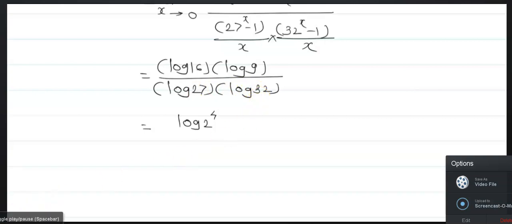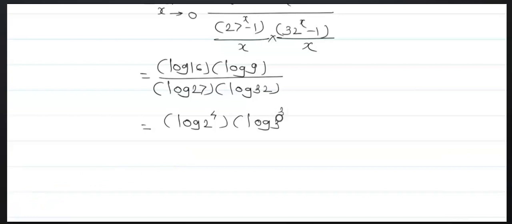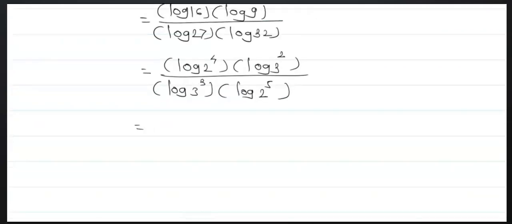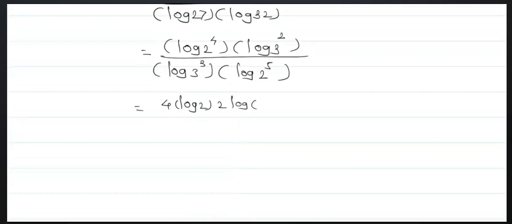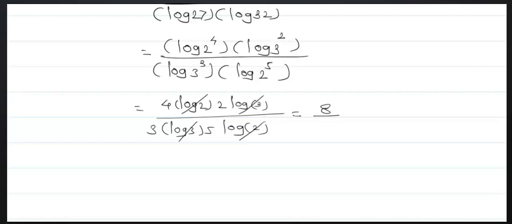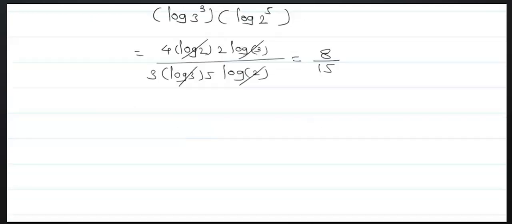And if we evaluate this, then you will get 4 log of 2, 2 log of 3, upon 3 log of 3 into 5 log of 2. These get cancelled, you will get 8 upon 15. And hence, option B is the correct one.